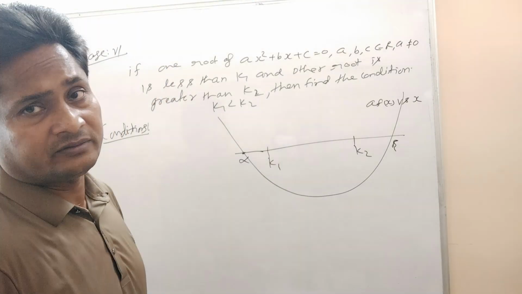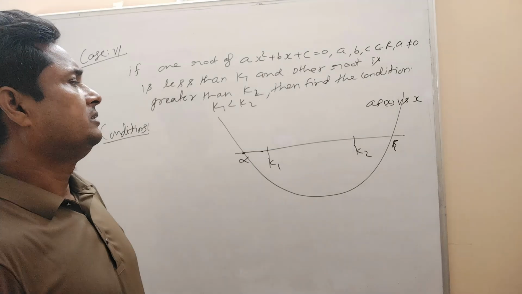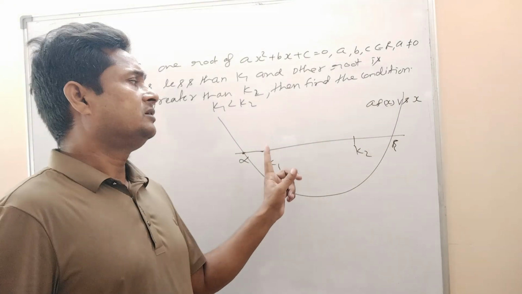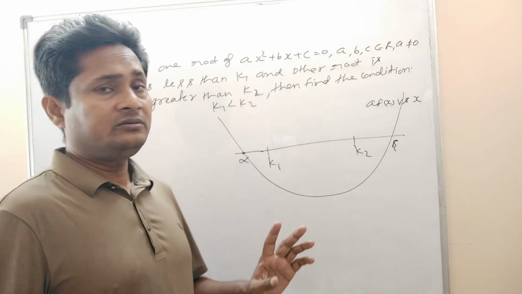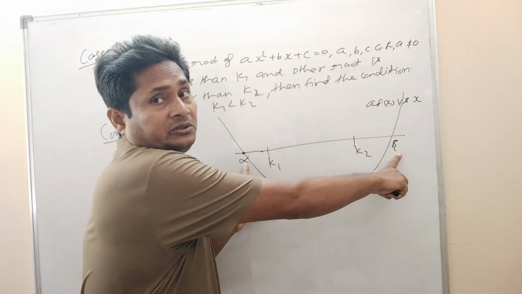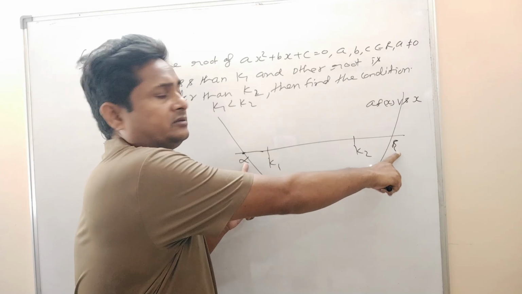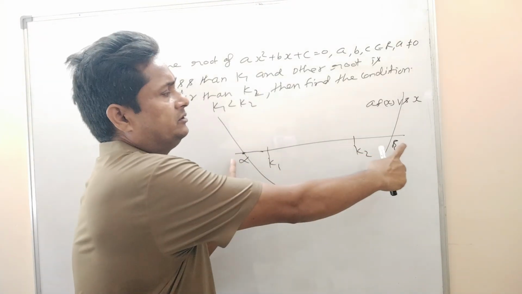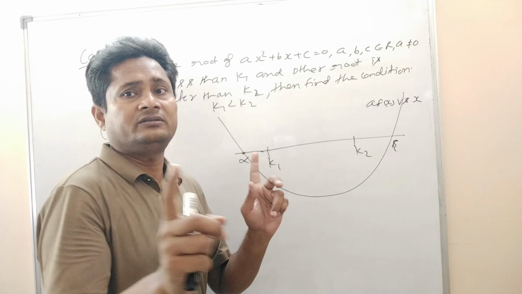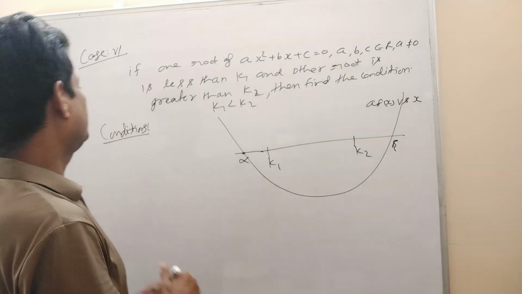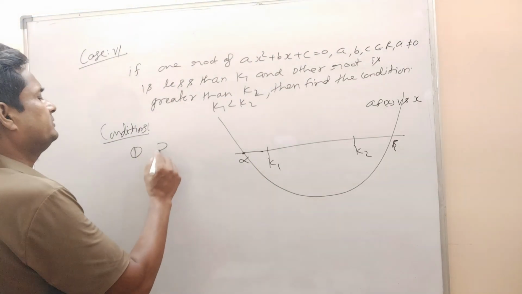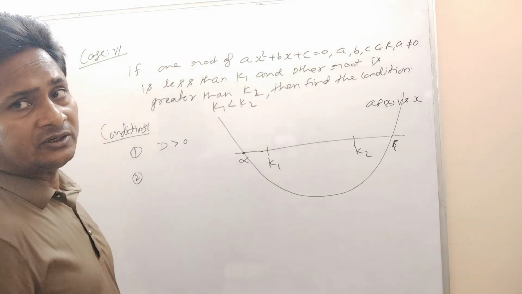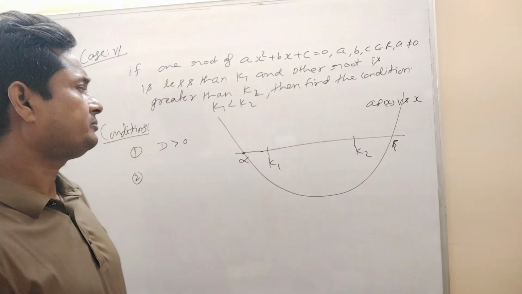Then what will be the conditions? From the graph, D must be greater than 0 because there are two distinct roots. K1 and k2 are distinct numbers, so these alpha and beta must be distinct roots. So the first condition is D greater than 0. And what can be the second case?